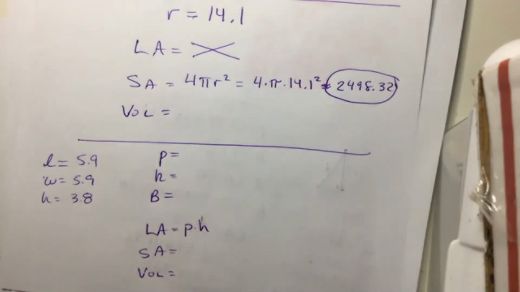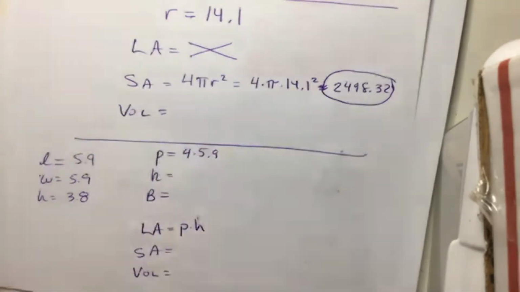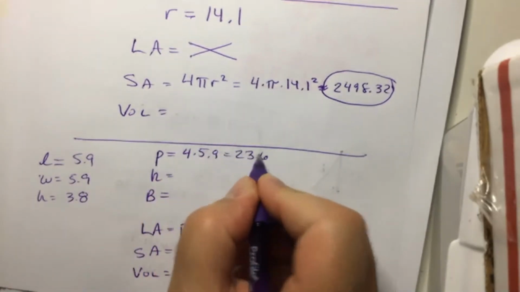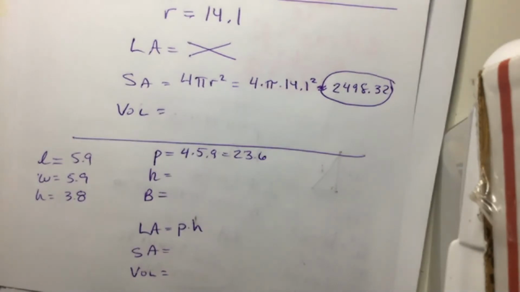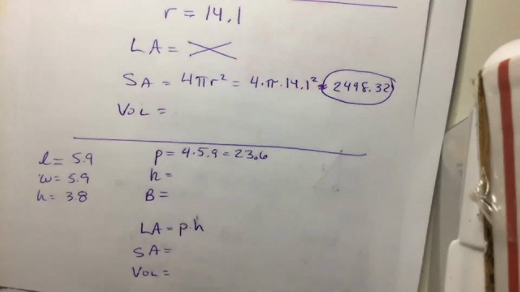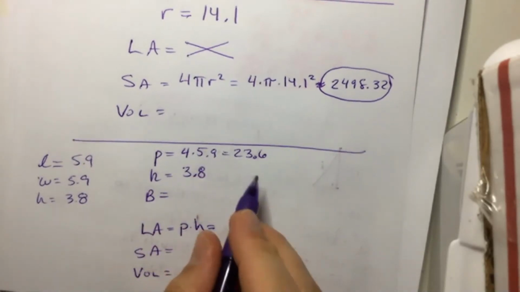You ended up with a square base instead of a rectangle base. That's just a random coincidence. But perimeter means the distance around the outside. So you're going to say 5.9 plus another 5.9 plus another plus another. So the perimeter is going to be 4 times 5.9. So 23.6. And what's the height? 3.8, right? And so the lateral area is just those two numbers multiplied together.